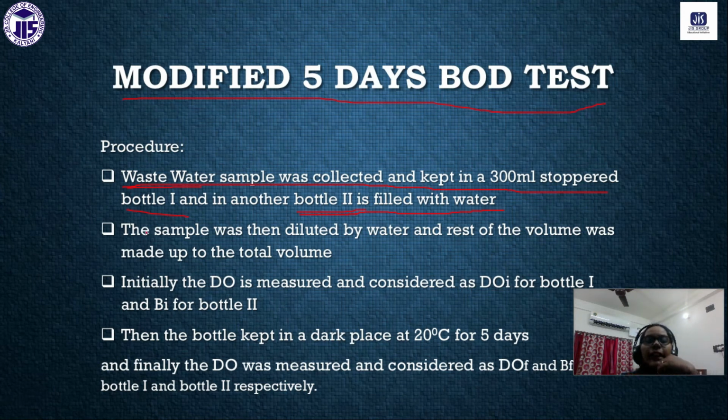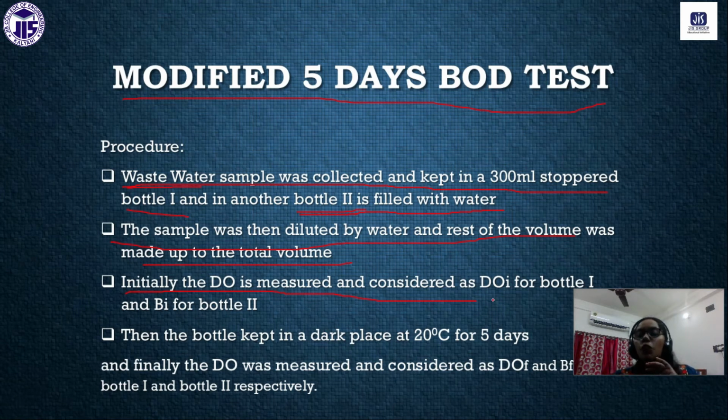Next step, as usual, whatever wastewater sample we have taken in bottle 1, that sample has to be diluted by adding some water. Understand? So there are two bottles. One bottle is for the wastewater and water, and another bottle, bottle 2, is filled with only water. Next, the third step is the initial measurement of the initial dissolved oxygen.